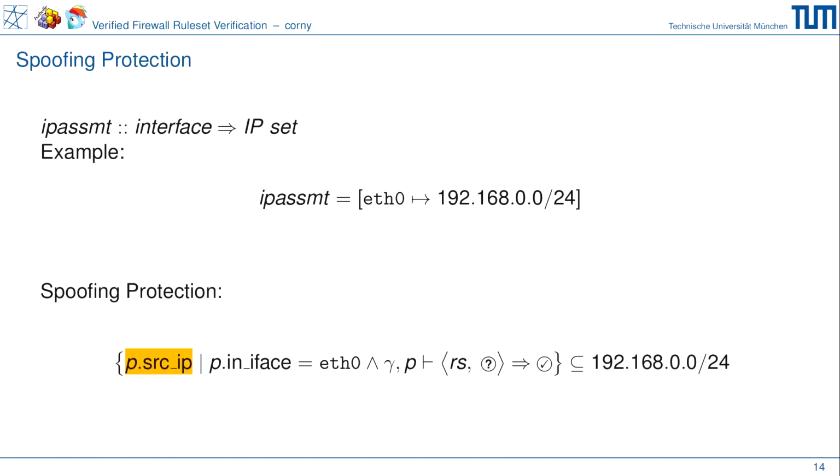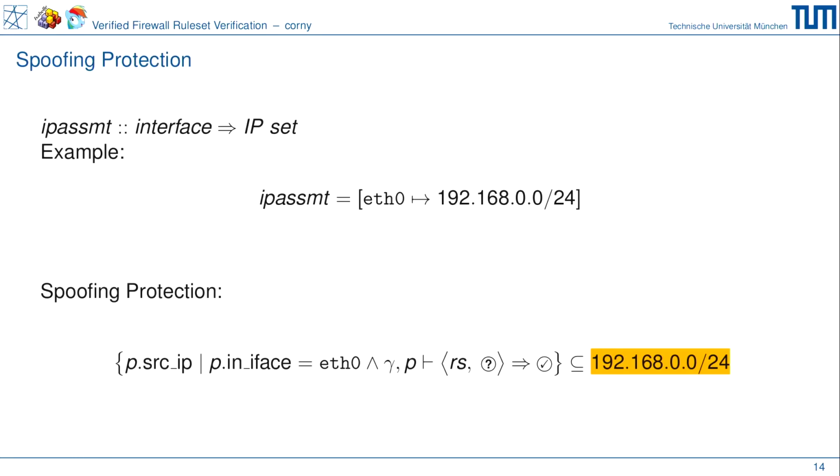So this big set expression on your left is essentially the set of all packets accepted by the firewall coming from ETH0, but only their source IP. Well, and what should the set fulfill so that the whole firewall implements spoofing protection? Well, all these source IPs should be in the valid range of that interface. I guess we can all now agree that this specifies spoofing protection for that particular example.